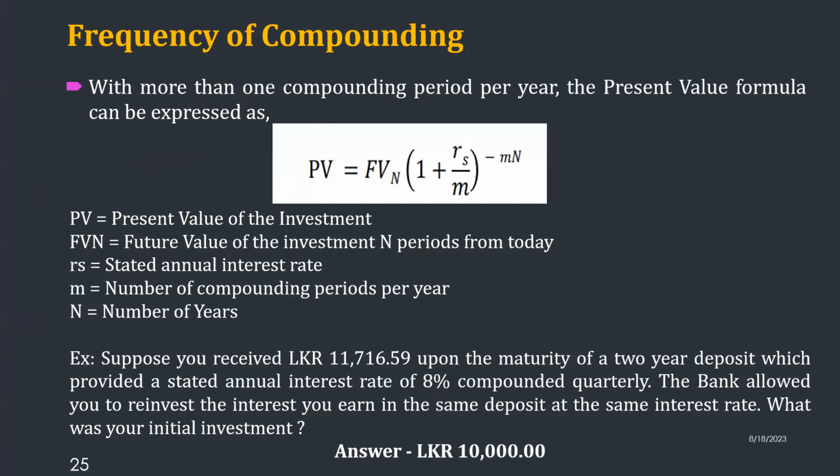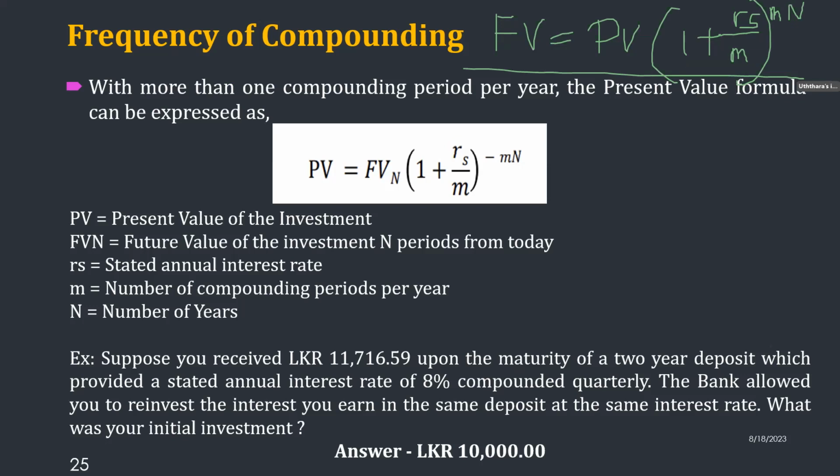Present value with frequency of compounding. Previously, we talked about the future value with frequency of compounding. I will write that formula. This is the future value frequency of compounding formula, and this is the present value frequency of compounding formula. When you look at this, you don't see any difference.